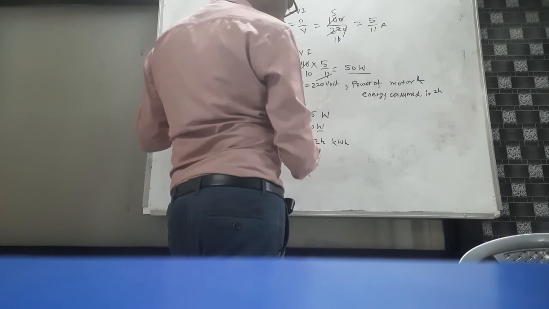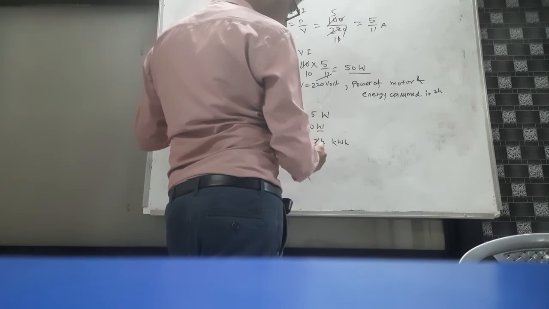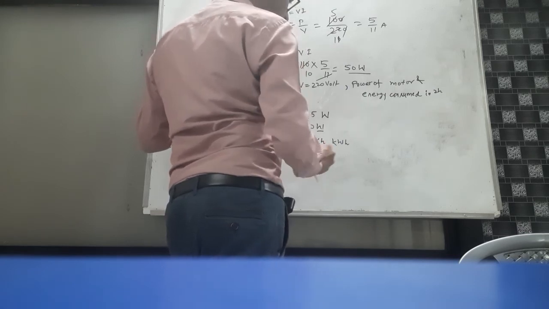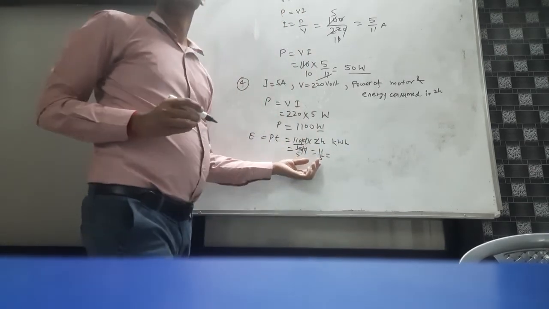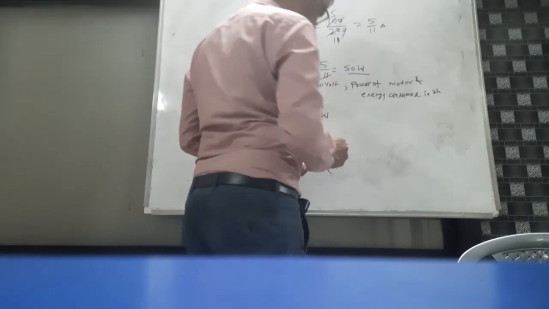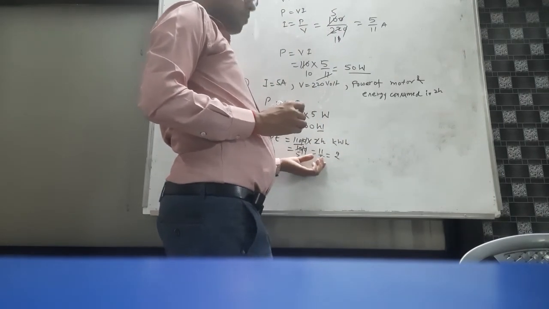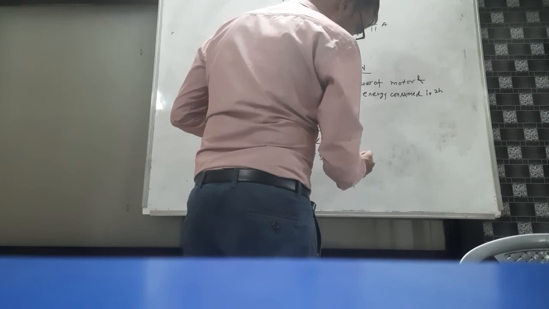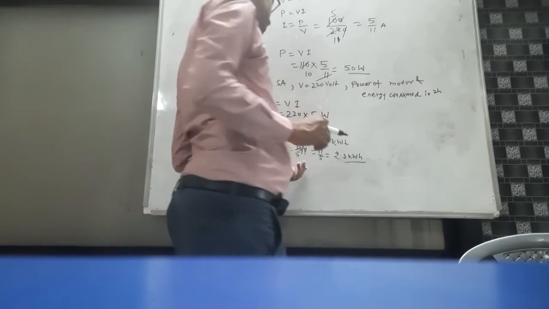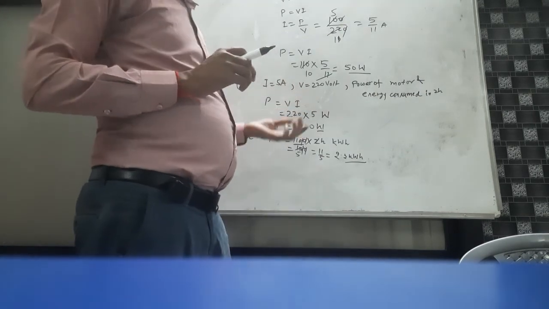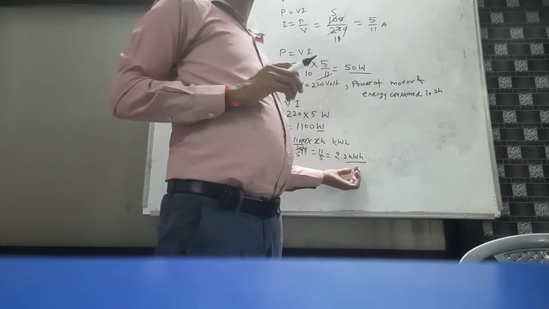Cancelling out, we get 11 by 5, which equals 2.2 kilowatt hour. So the power of the motor is 1100 watt and the energy is 2.2 kilowatt hour.